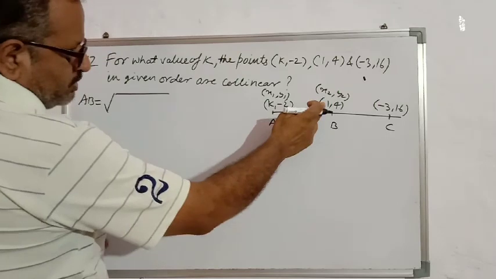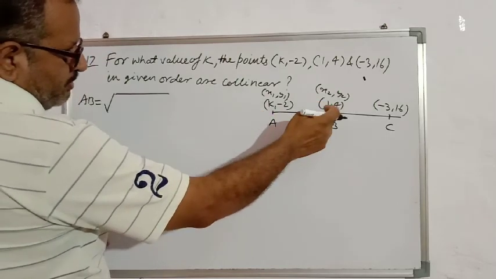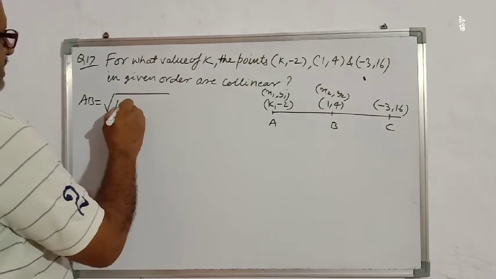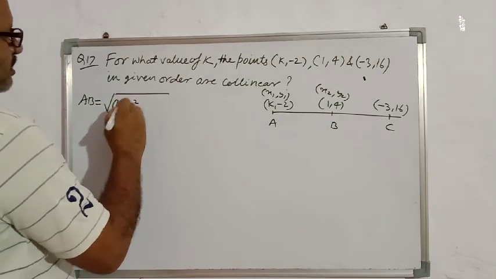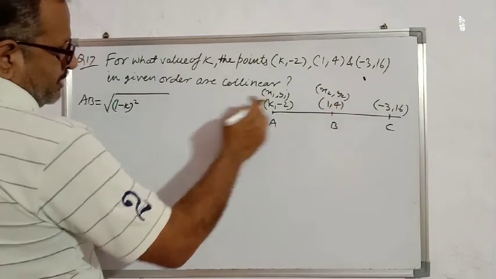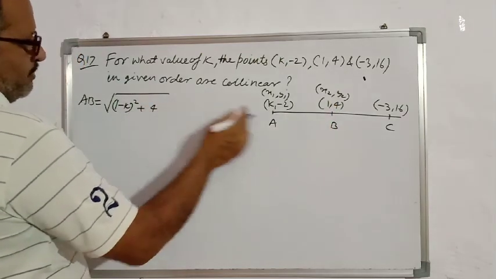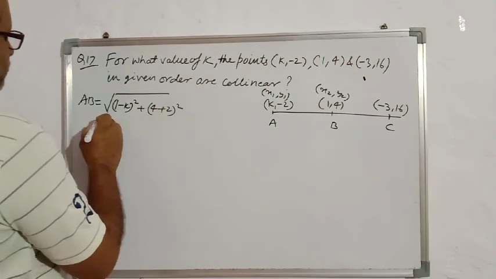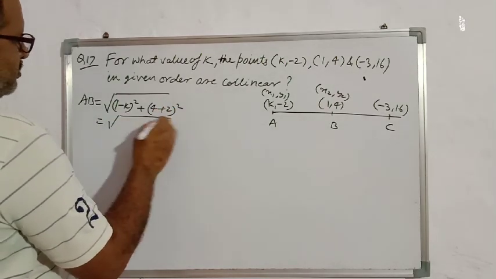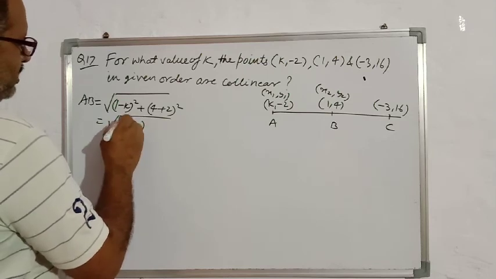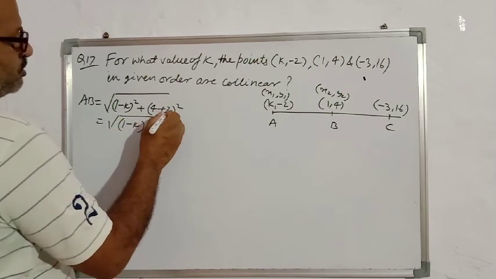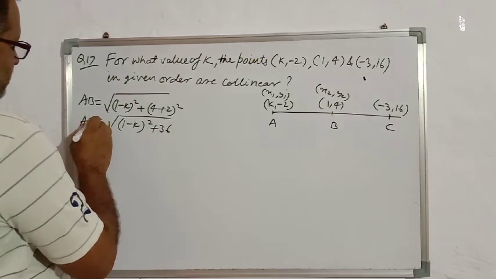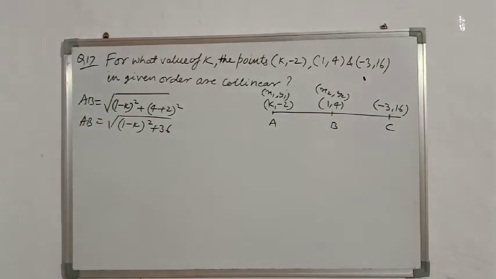So we have to write x2 minus x1 whole square plus y2 minus y1 whole square. So it is 1 minus k whole square, then plus 4 minus minus 2, it will be 4 plus 2 whole square. So 1 minus k whole square, 4 plus 2 is 6, 6 square is 36. This is AB.